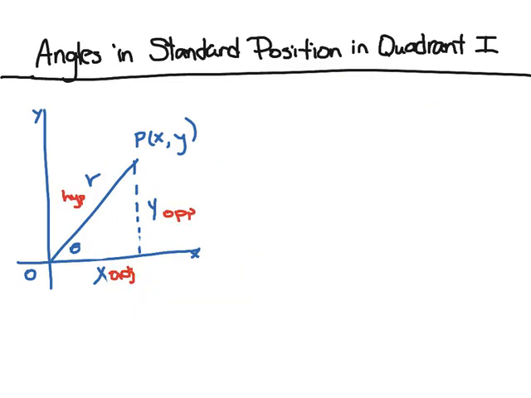If I wanted to write x in terms of r and theta, what that means is we want to have our x, our r, and our theta. So that means we have an adjacent and a hypotenuse.